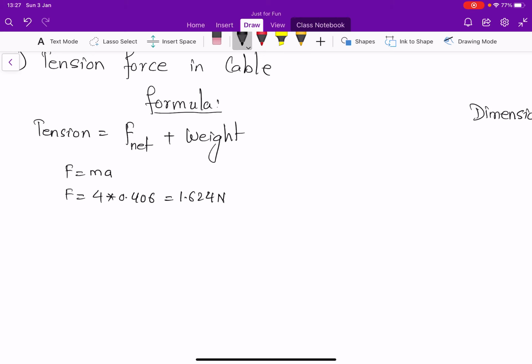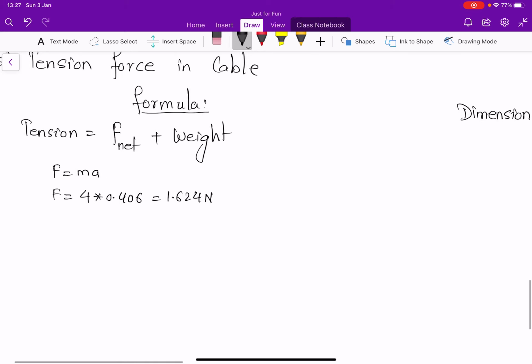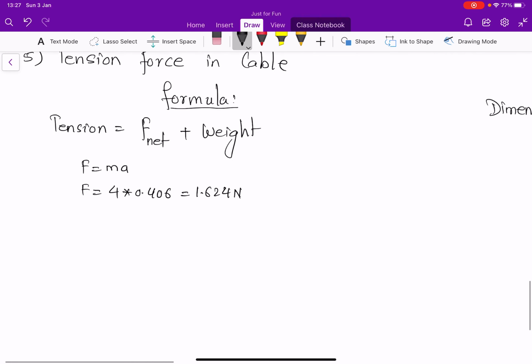Similarly for the weight, it's going to be mg, mass times gravity, which is going to be 4 times 9.81. We are going to get this as 39.24 Newton.